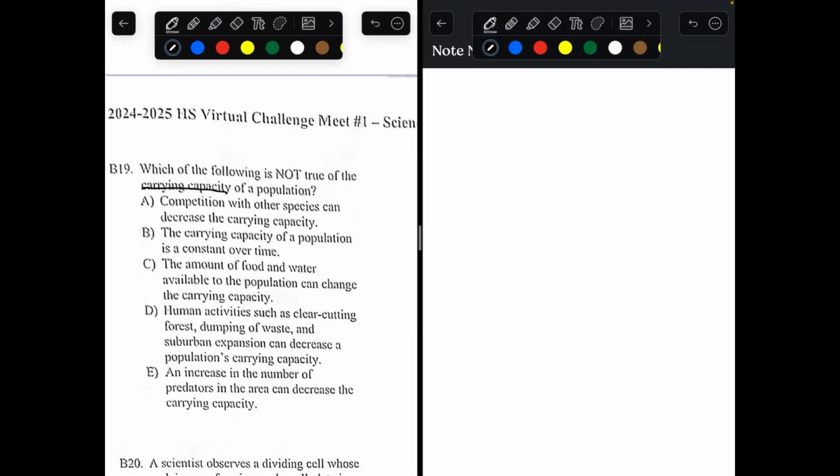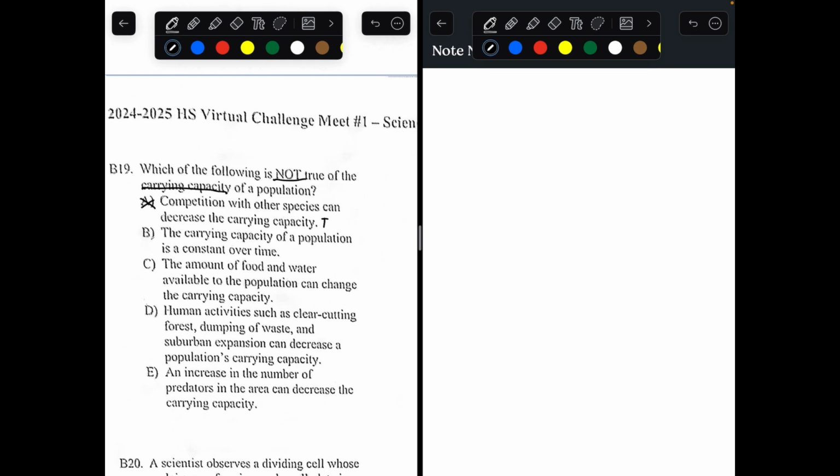So let's look at each answer choice, which is not true. A. Competition with other species can decrease the carrying capacity. If one animal has to fight another animal to get the same resources, and they might end up dying or losing against the other animal, there will be fewer animals that the environment can carry. So A is true, so it's wrong.